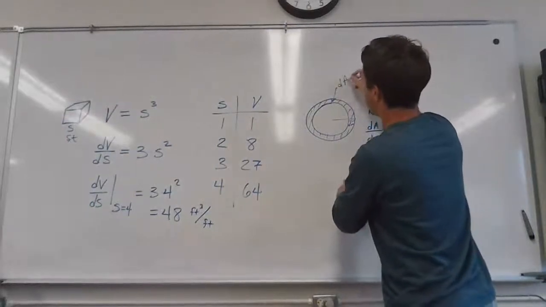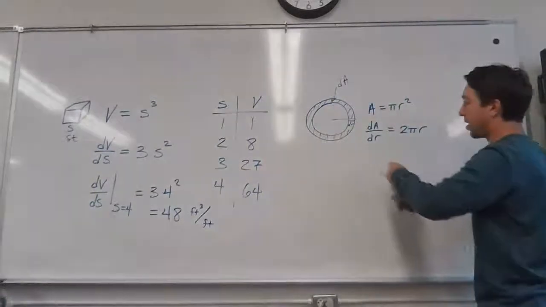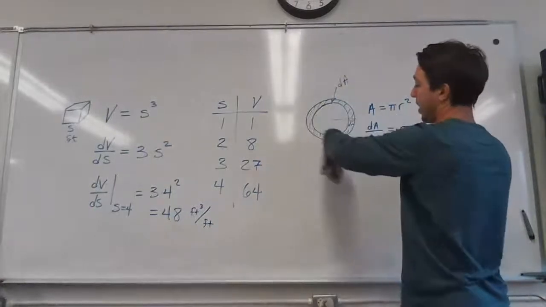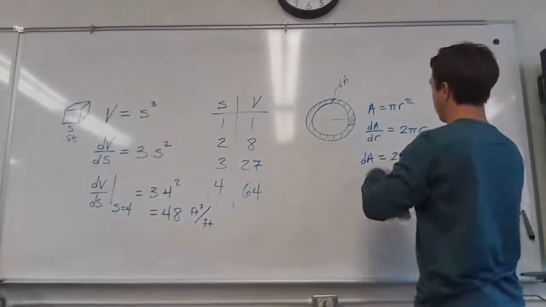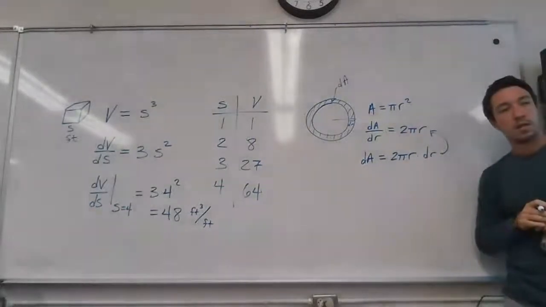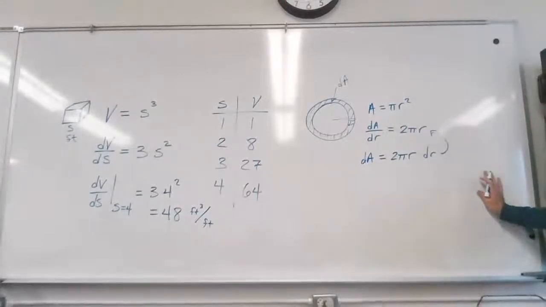This is the change in area. And the small change in area would in fact be this length, 2 pi r, times the thickness, dr. And that gets us that.